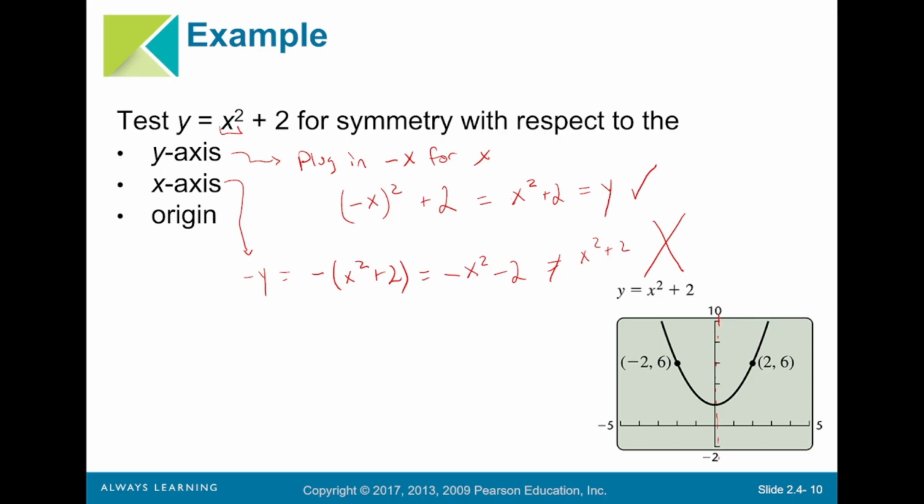So now to tell if it's symmetric through the origin, we need to look at y at -x, which is x squared plus 2, which we got in the first part, and see if that equals -y, which was -x squared minus 2. Clearly, these two are not equal to each other, so it is not symmetric through the origin. It is only symmetric through the y-axis.